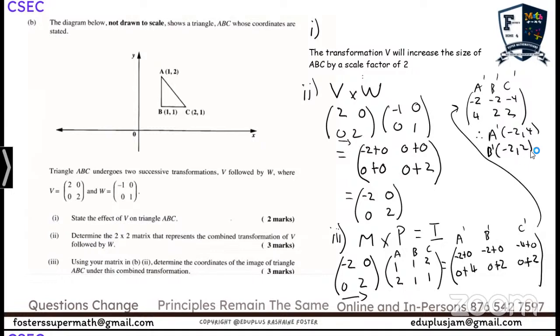Negative 4, 2. What is C prime? Negative 2, 2. Is that the same thing that you have as me? Yes, madam. Perfect, right there.